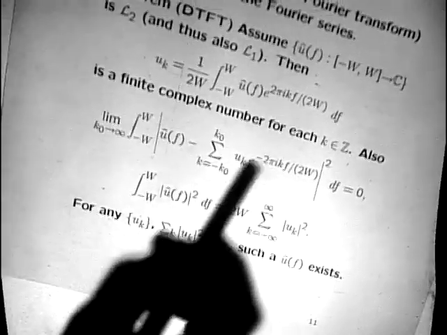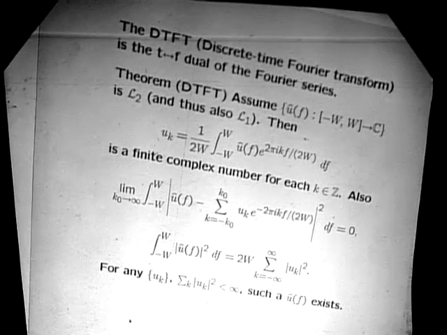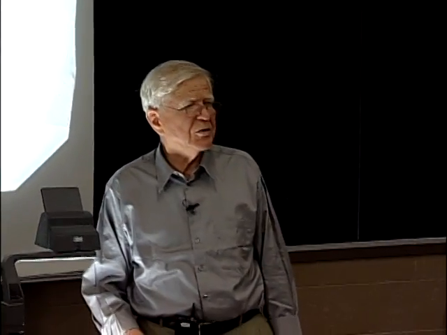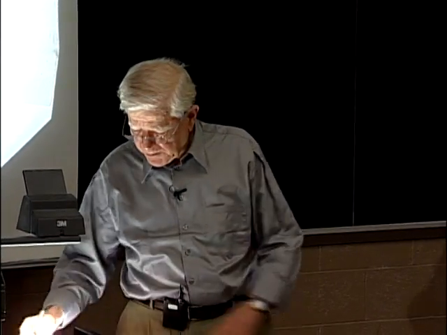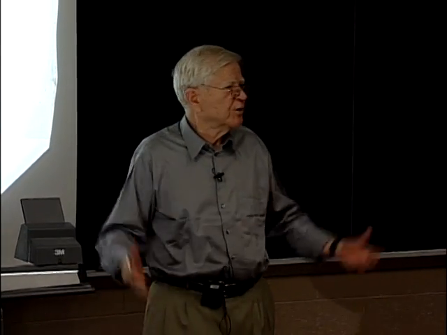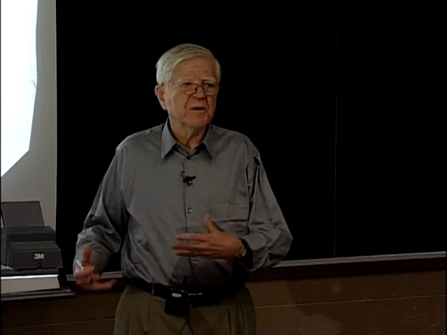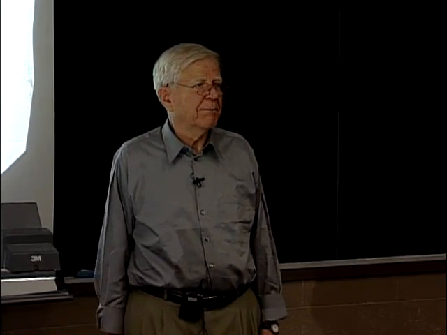But now the question is, why do we think of those u of k's as time coefficients? I mean, what's really going on in this discrete-time Fourier transform? At this point, it just looks like a lot of mathematics. And it's hard to interpret what any of these things mean.